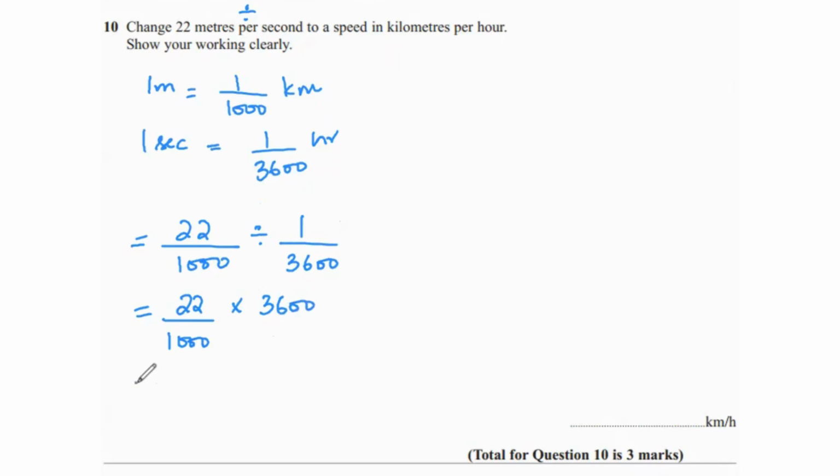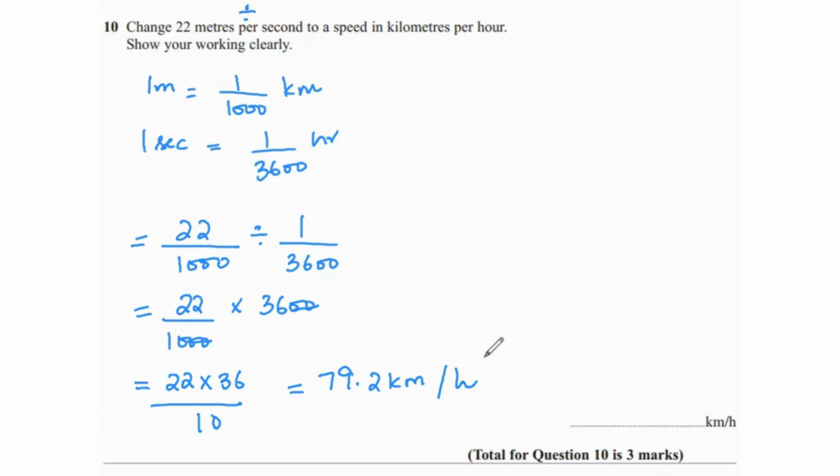So that's 22 times 36 over 10. I again cancel out the two zeros. So 22 times 36 divided by 10 is 79.2 kilometers per hour.